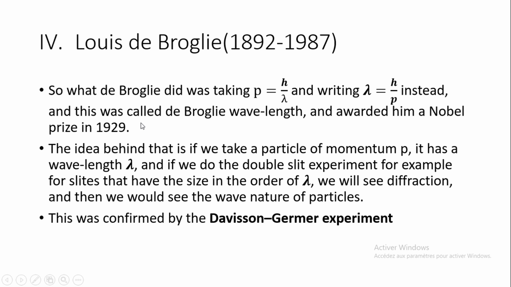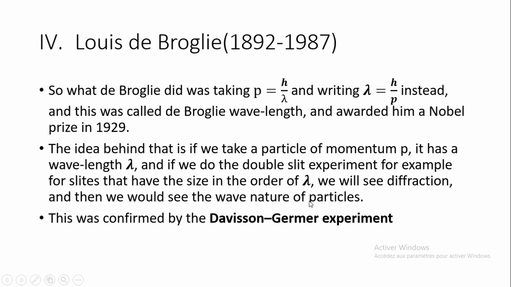So this is what he did, and this was called the de Broglie wavelength and awarded him a Nobel Prize in 1929. So the physics behind this is that if we take a particle of momentum p, it has a wavelength lambda, and if we do the double slit experiment, for example, for slits that have the size in the order of lambda, we will see diffraction, and then we would see the wave nature of particles.